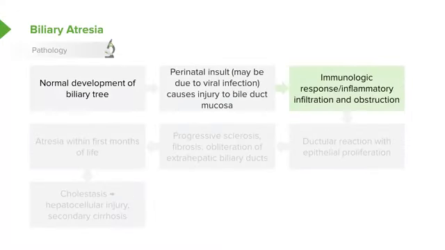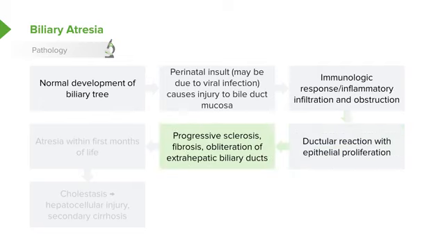This results in an inflammatory response, an immunologic response inside the duct and leads to infiltration of the duct and obstruction. This duct reaction causes an epithelial proliferation of the cells within the duct, which results in a progressive sclerosis and fibrosis of the duct, which thus is going to obliterate these ducts.